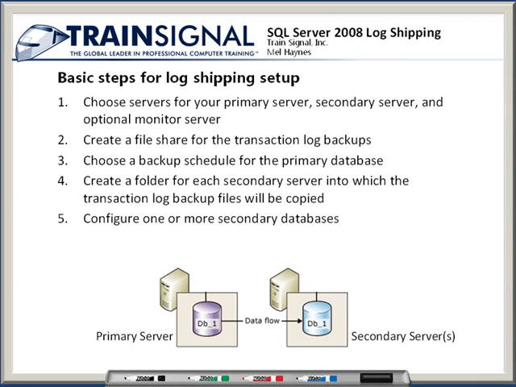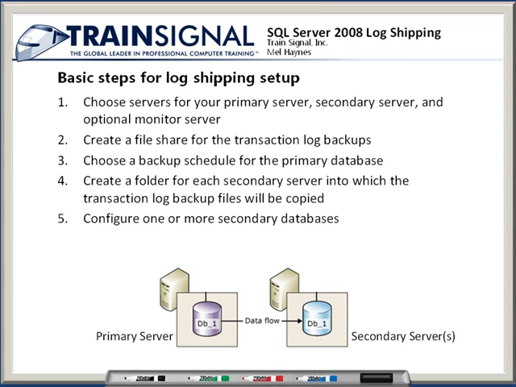Fifth, configure one or more secondary databases. So in step 1, I told you to configure your primary and secondary servers as well as an optional monitor server. But then on that secondary server, you create your database or databases. It's possible to have multiple primary production databases all log shipping to a single secondary server.